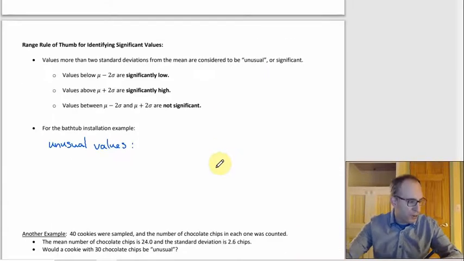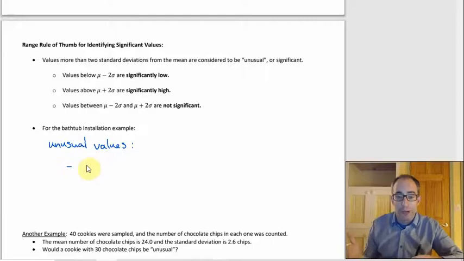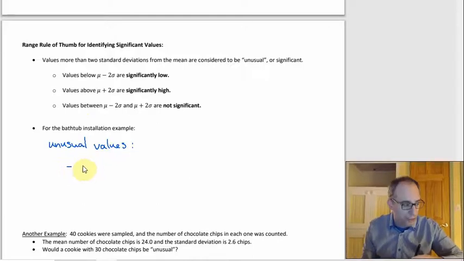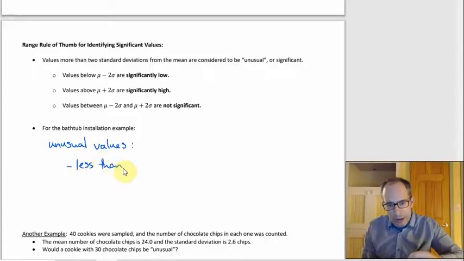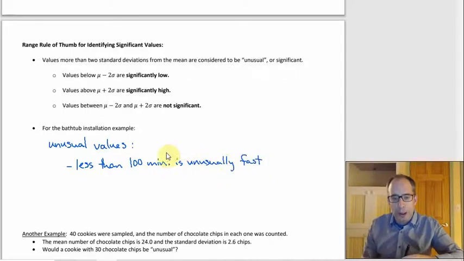So going back down here, what would be unusual? Well, for the left tail, for things that are going to be really fast, where the amount of time is really short, less than 100 minutes is unusually fast, since the 100 was mu minus 2 sigma, or here we're using the sample notation, so we had x bar minus 2s, right?